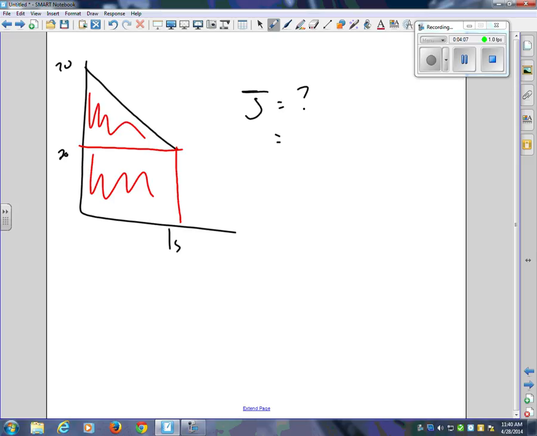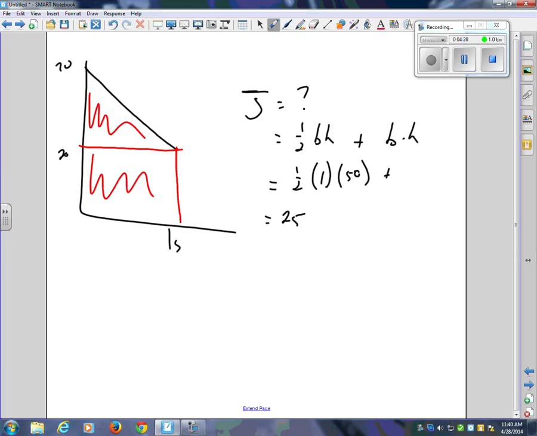Let's do the triangle first: 1/2 the base times the height, plus the base times the height for the rectangle. 1/2 of 1 times the height of just the triangle, from 20 to 70, which is 50, which is going to be 25.